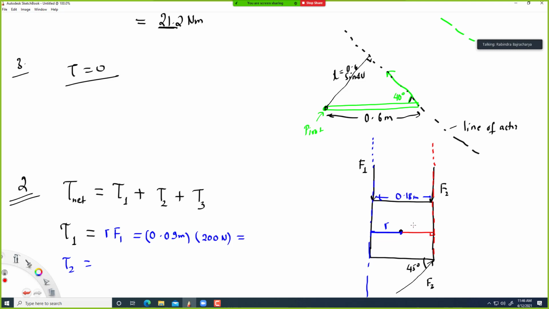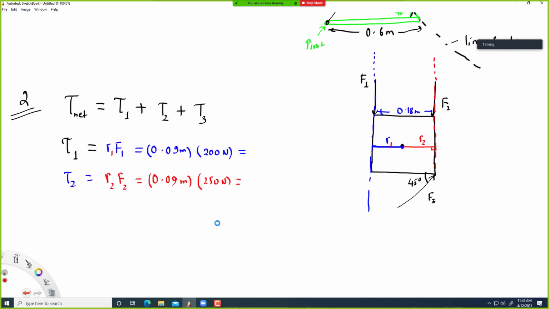Let's call that R2. So this torque would be that perpendicular distance times the force. Here R2 is again 0.09, half of the length of the side of the square, and then the force is 250. That's torque 2.